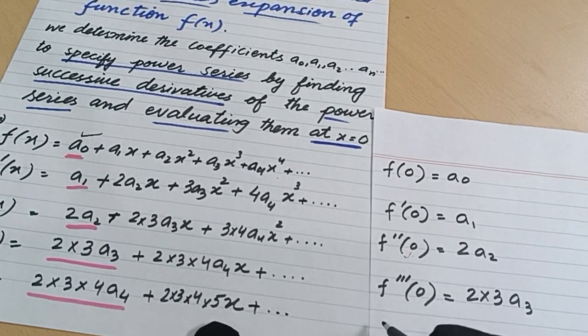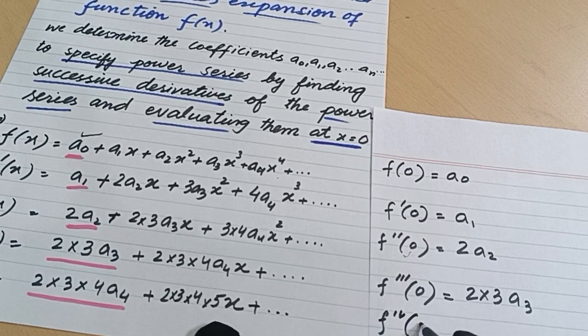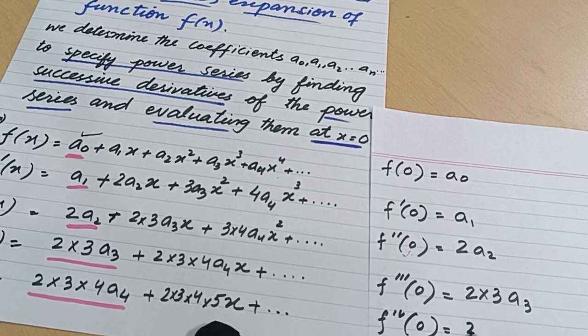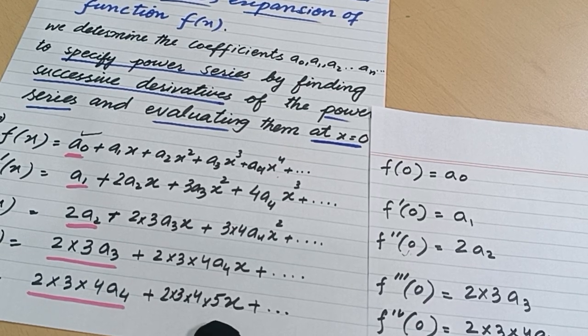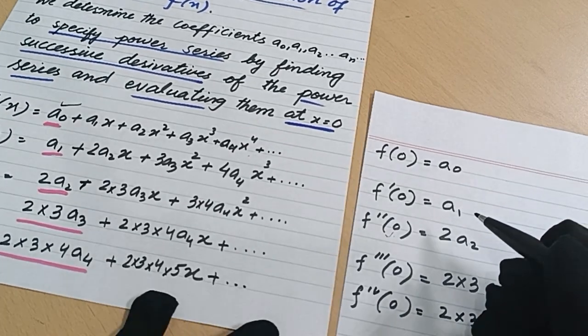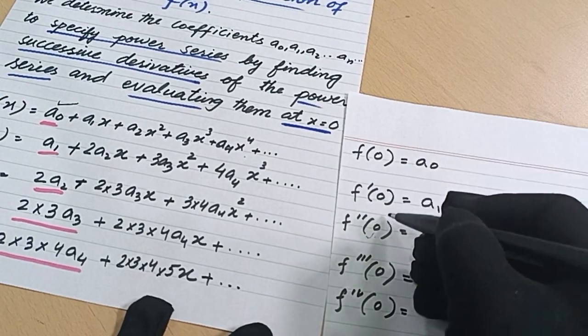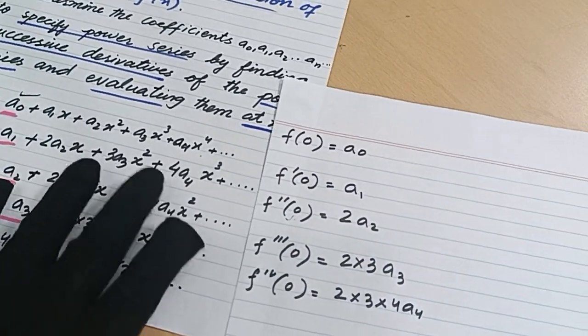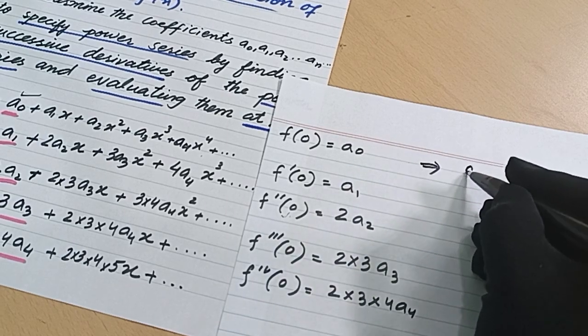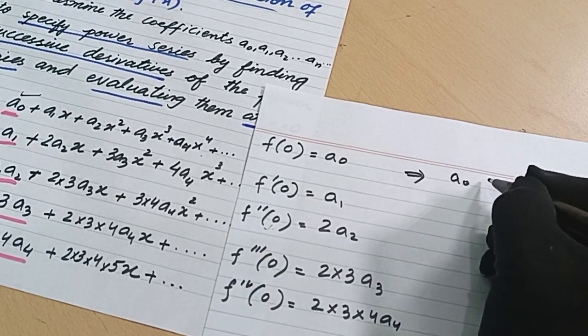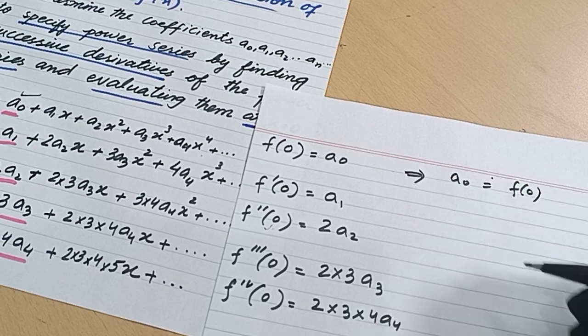Okay, so I will write that the fourth derivative at 0 will give you the answer 2 times 3 times 4a4. Okay, now we get all the successive derivatives at the value of x equal to 0. From here, if we want to find the first coefficient, that is equal to f of 0.